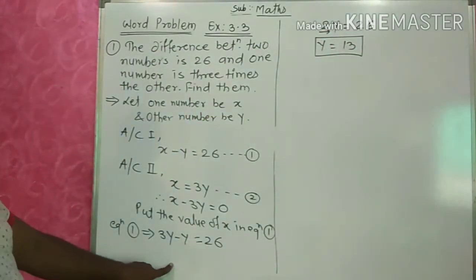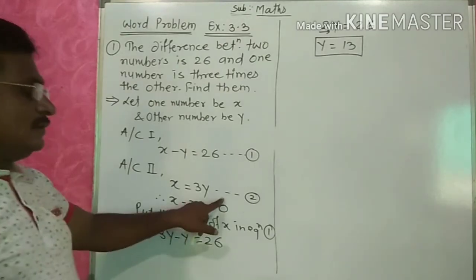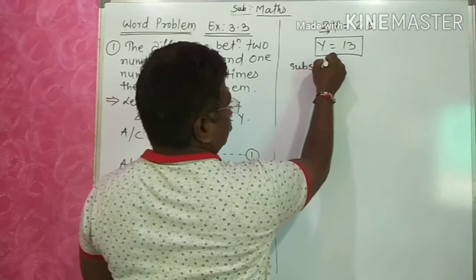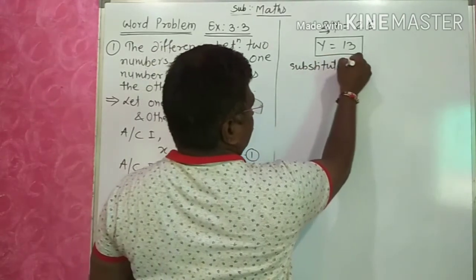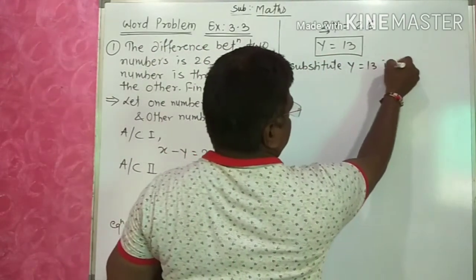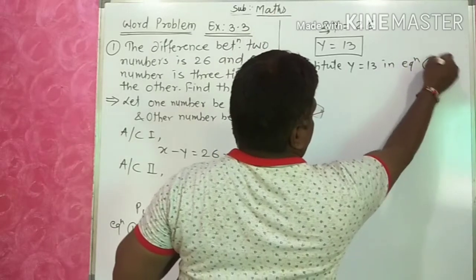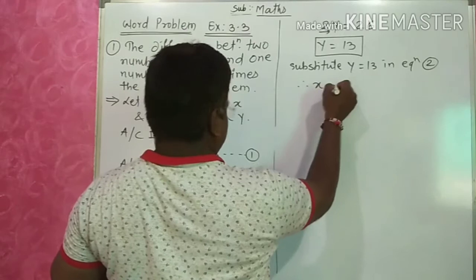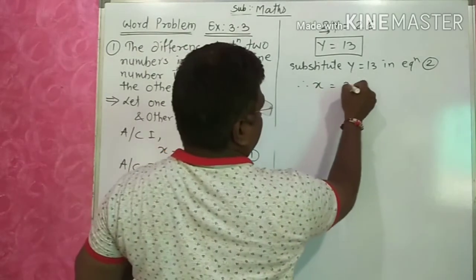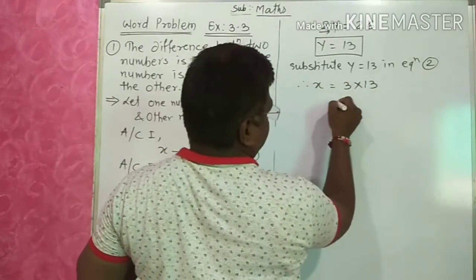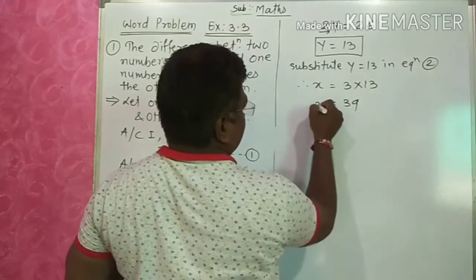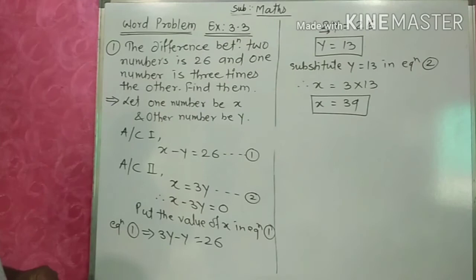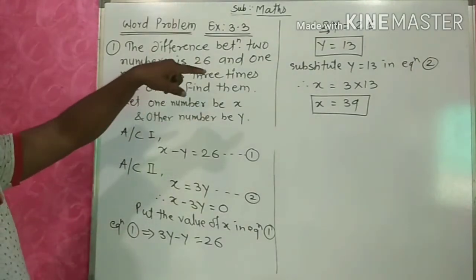Now substitute this value, y equals 13, in equation 2. So what will we get? x equals 3 into 13, so it is 39. So we got the value of x. Both x and y we got.